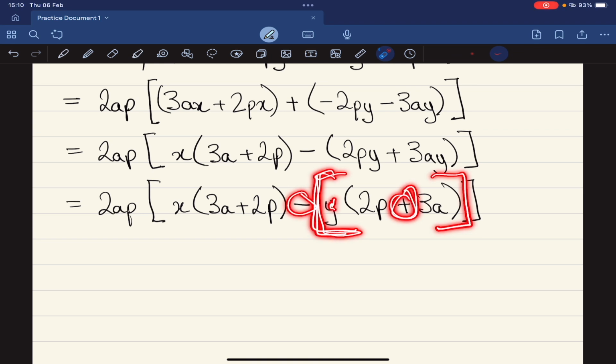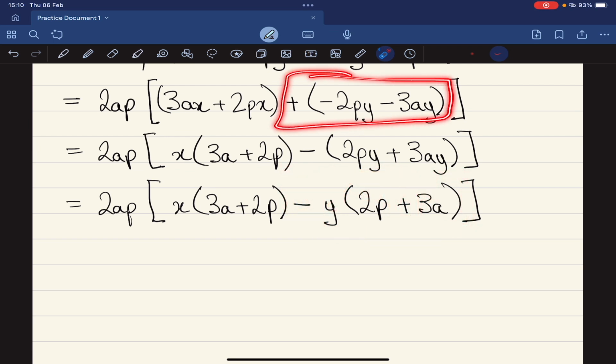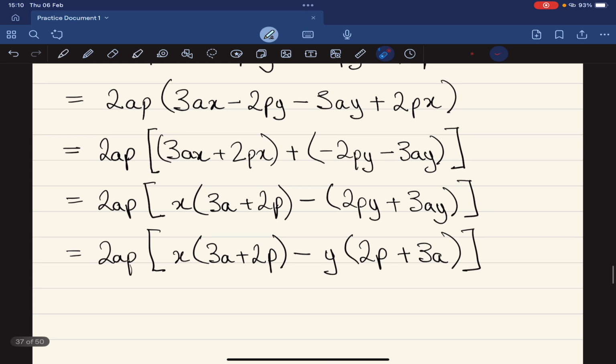So multiplying this y back in here, I will get 2py, and here I will get plus 3ay, and keeping the minus sign outside over here so that I can end up back with what I originally had up over here. Okay, so if that sounds a bit confusing, you just need to, of course, follow your steps from the very beginning, starting basically from here, moving to the next step, and keeping track of your signs with every step.